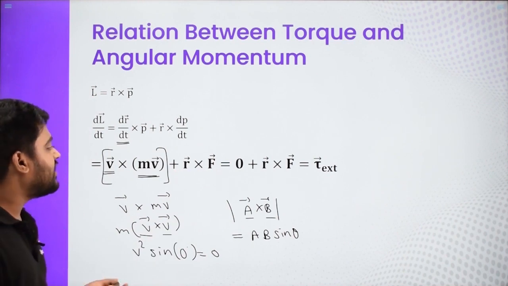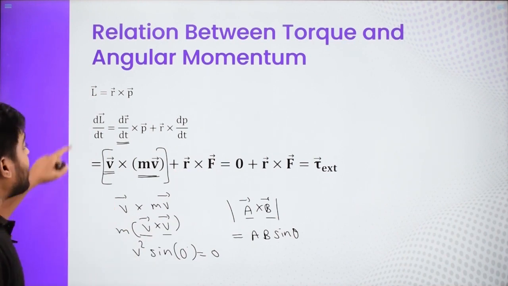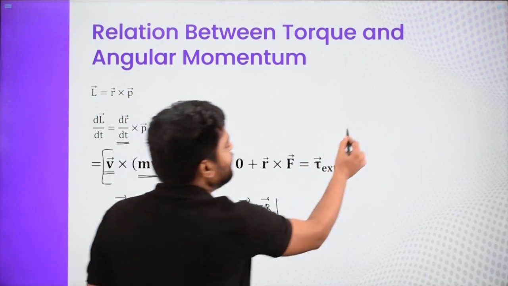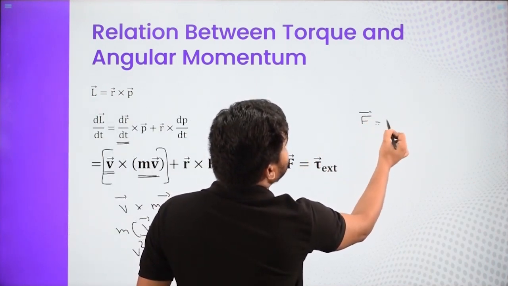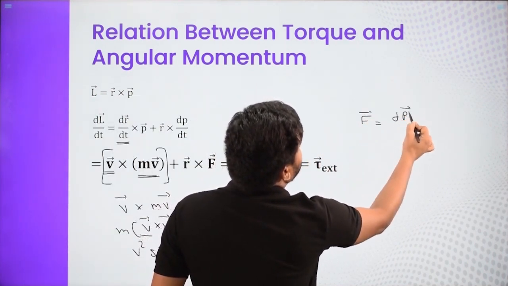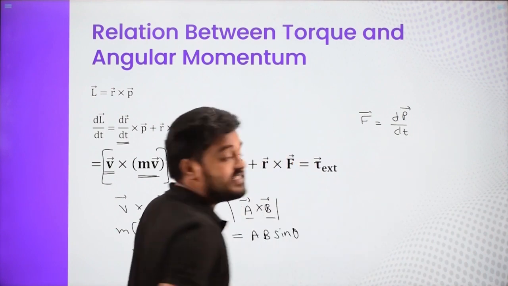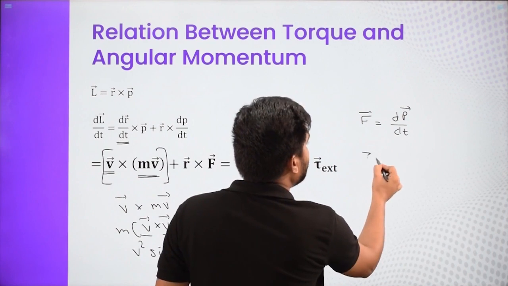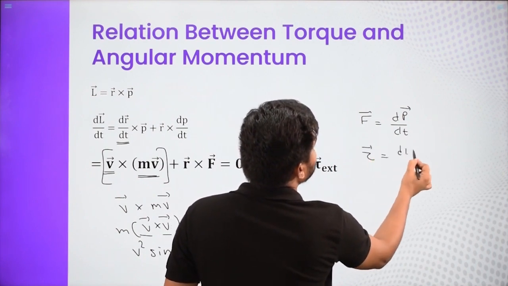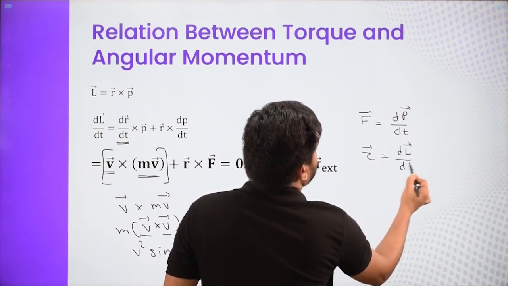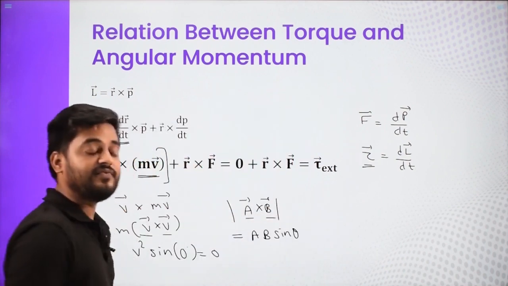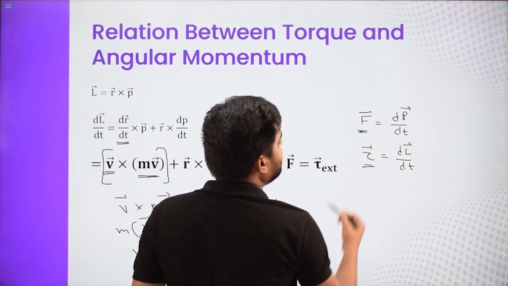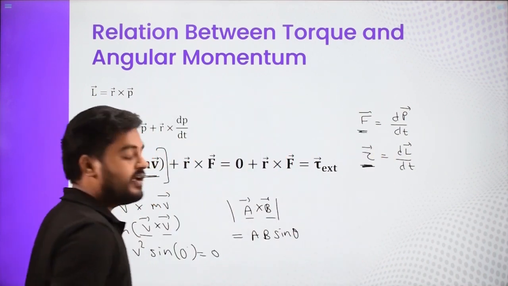So what is r cross F here? How do we define our force? Force is nothing but dp by dt, the rate of change in linear momentum. Similarly, I can say my torque is the rate of change in angular momentum. So this is my net force or external force, and this is my net torque or external torque.